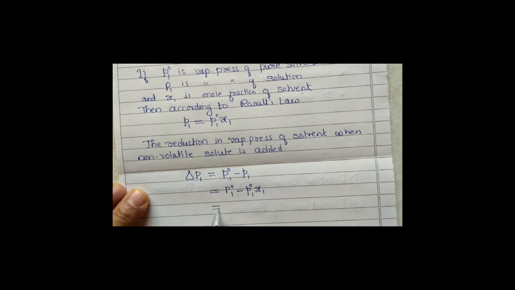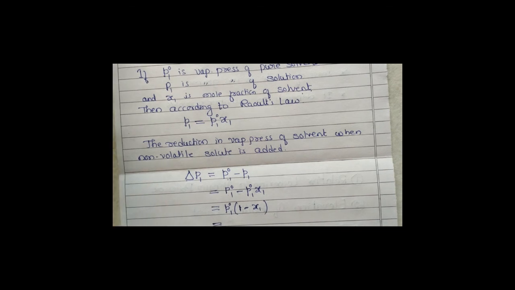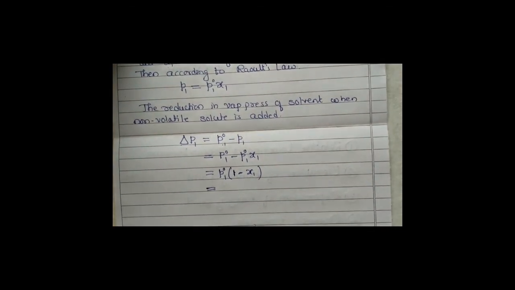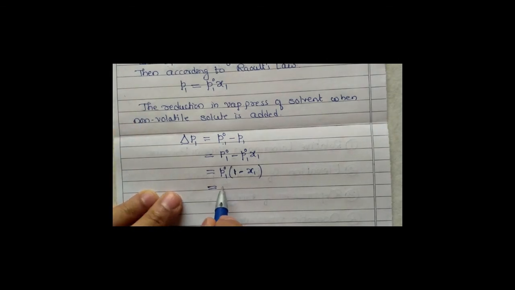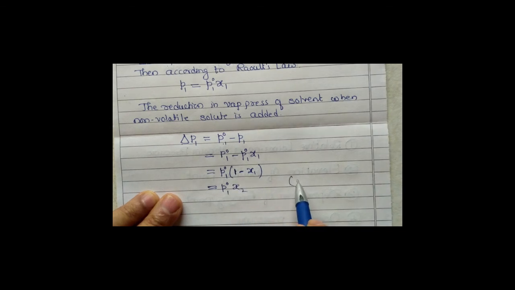This equals P01 minus P01 x1. P01 is common, taken outside, then what is left is 1 minus x1. What is 1 minus x1? It is x2, because it is a binary solution, since x1 plus x2 equal to 1.